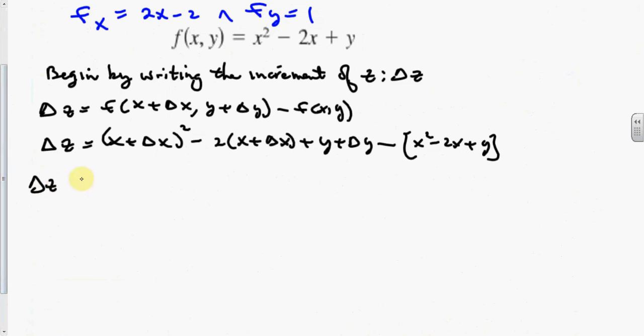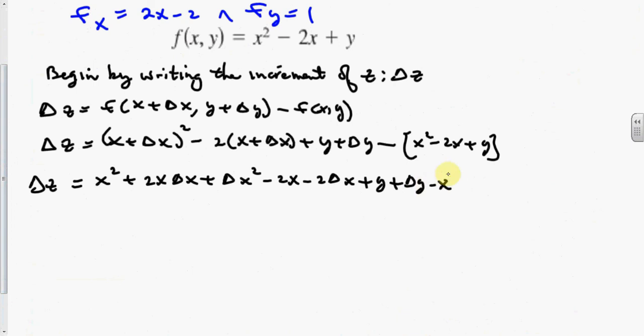So this increment of z, in simplification of this, is x squared plus 2x delta x plus delta x squared minus 2x minus 2 delta x plus y plus delta y minus x squared plus 2x minus y. Let's see what cancels out. X squared cancels out. Y minus y cancels out.